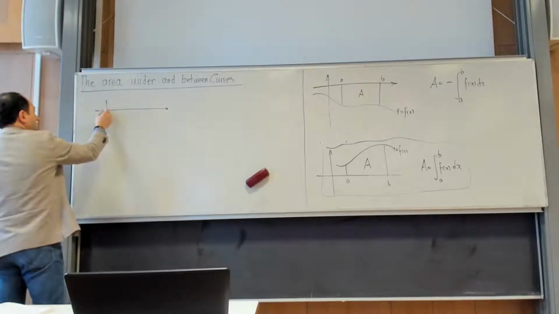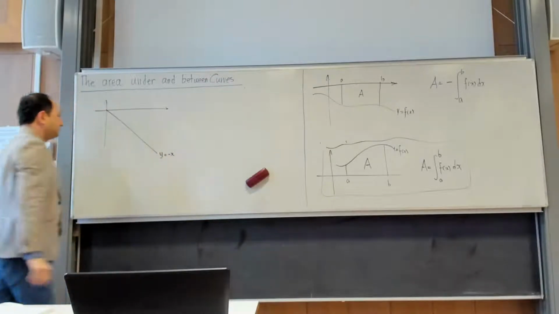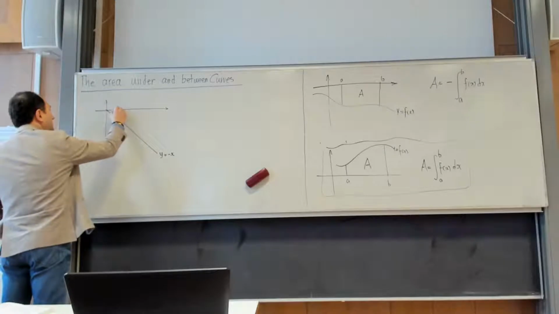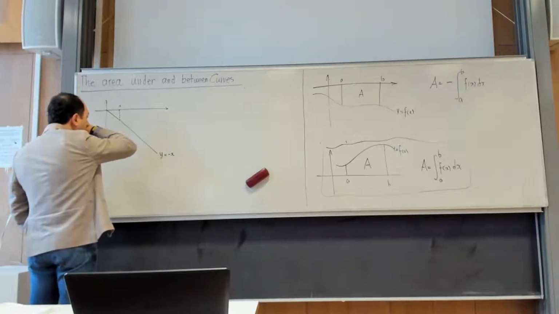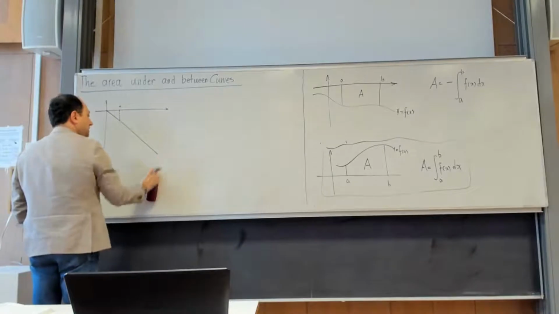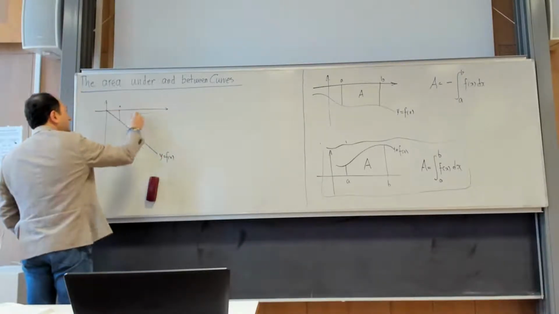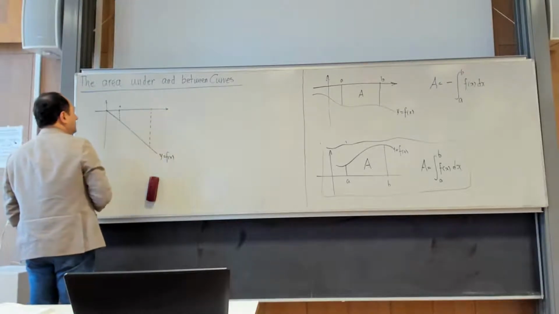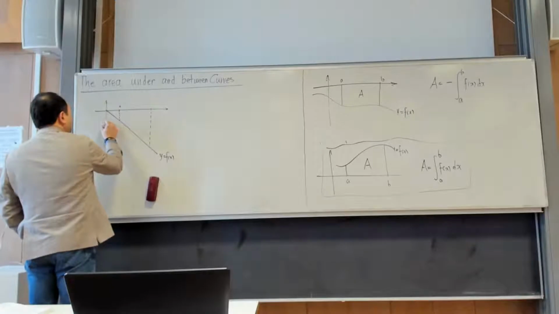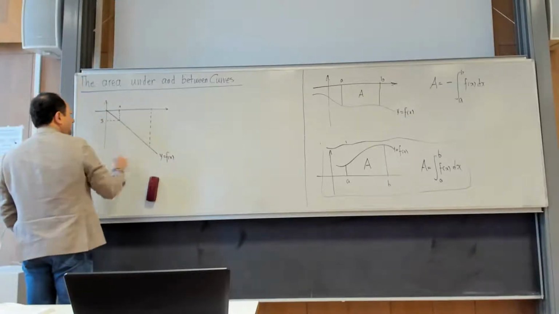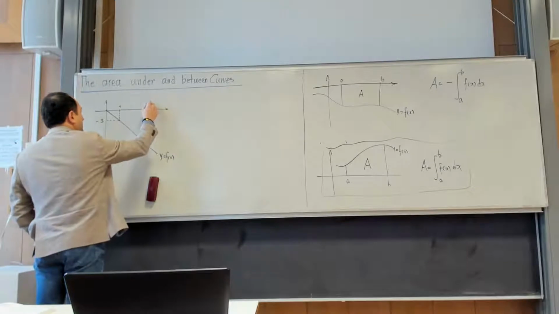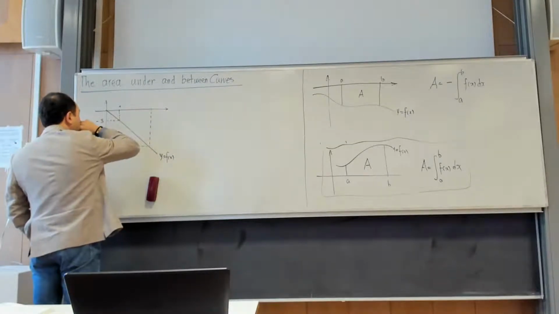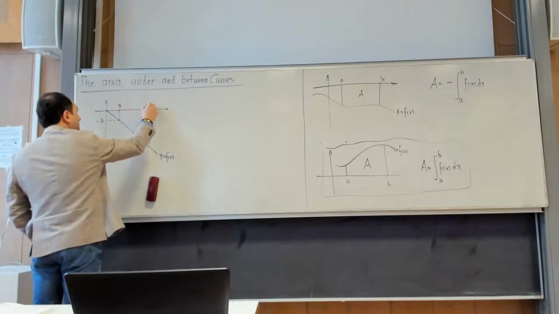Let me write y equals f of x, anything, and then this is 1, and this is, for example, this is 3, and this is minus 3, minus 6. Let me write 3, minus 3, 6, minus 6.